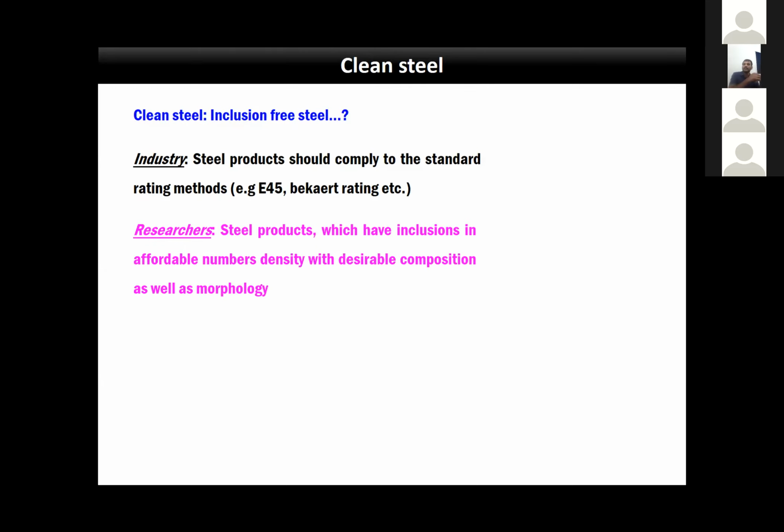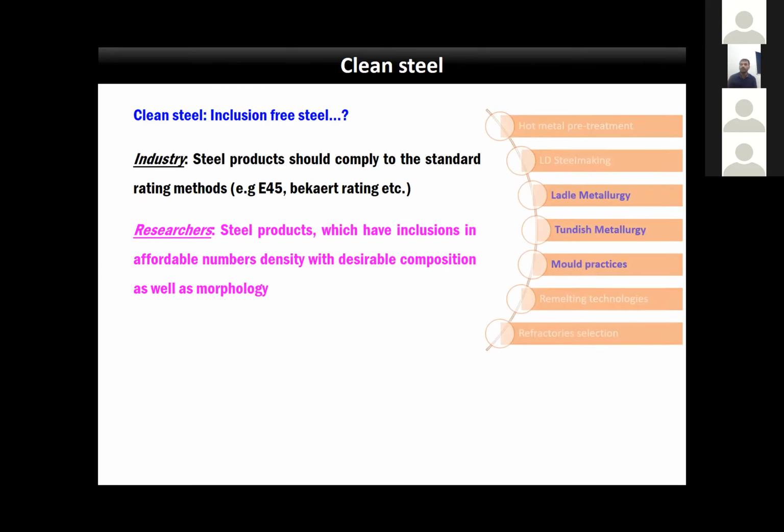But researchers always used to say that steel products which have inclusions in affordable number density with desirable composition as well as morphology, then researchers can claim that is a clean steel. So the definition of clean steel varies from person to person, also from the industry or the researcher, or in other way you can define it in your own way also.